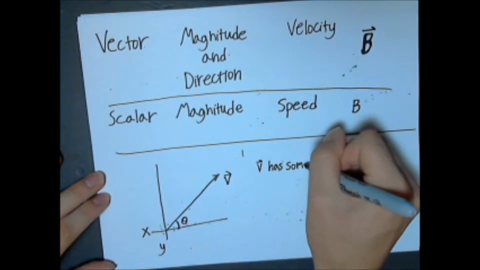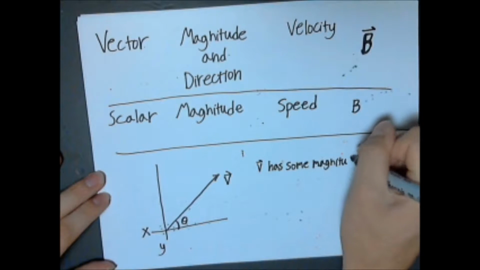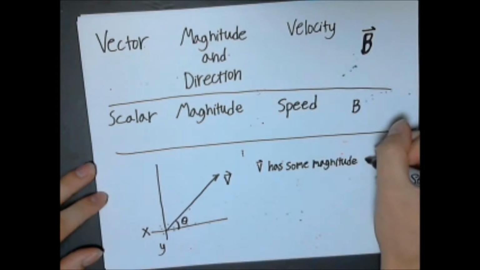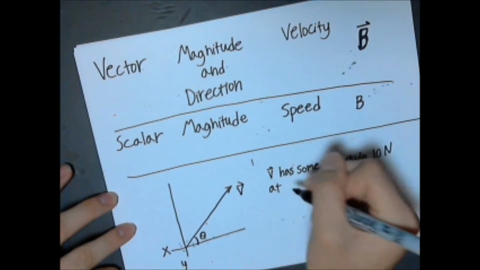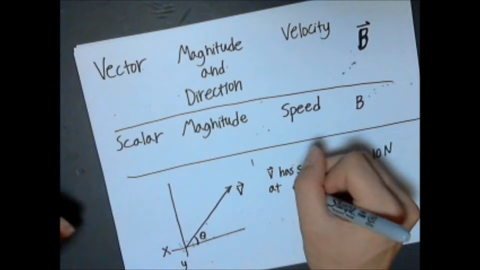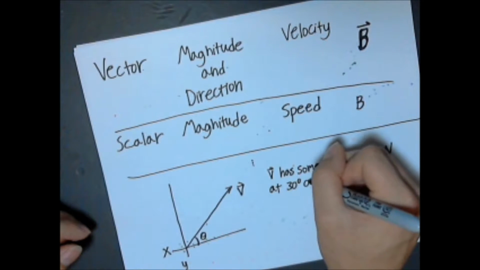some magnitude, let's say, just for the sake of argument, 10 newtons, at some angle, let's just say 30 degrees, above the positive x-axis.